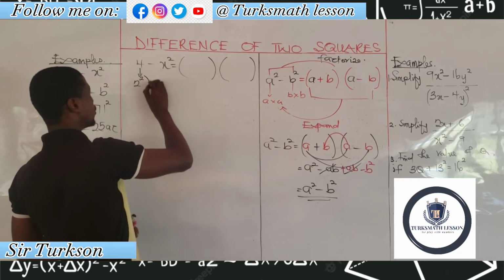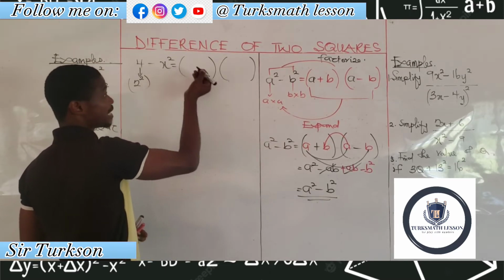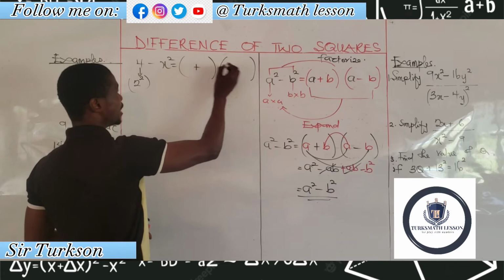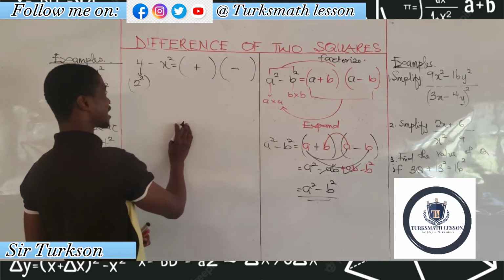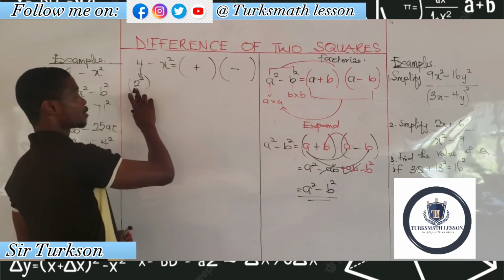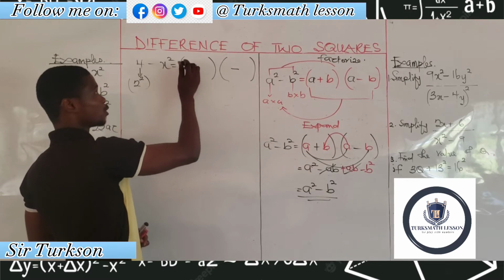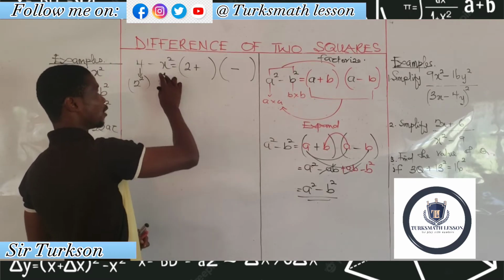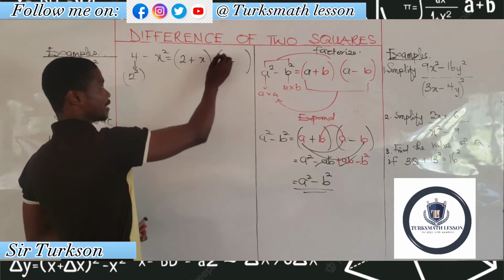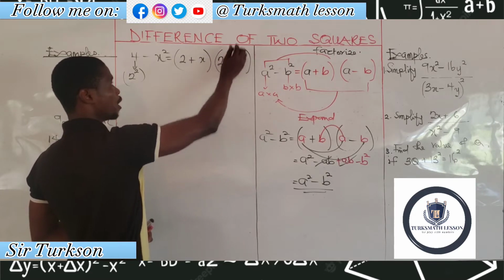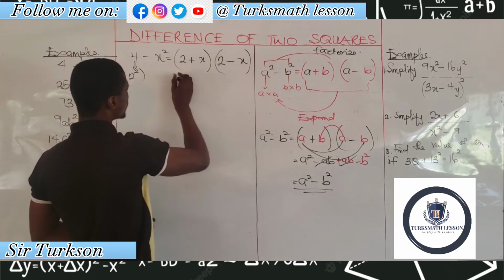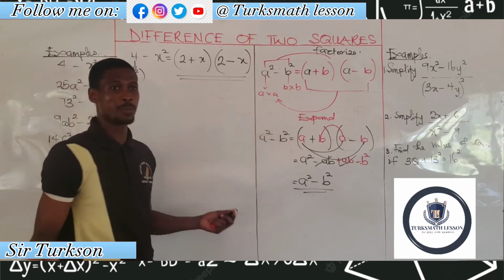And this one again also gives us the same thing, isn't it? Yes. So you have your addition and you have what? Subtraction. And what value is here first? So I'm going to write here 2, then followed by x. Then here 2 followed by x. That's all. Is it not simple?